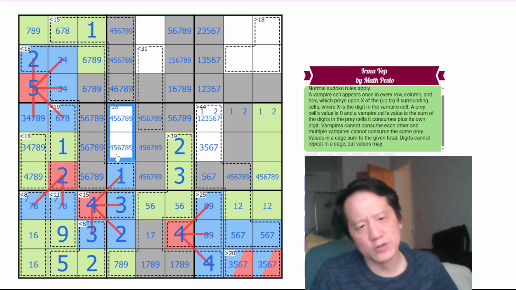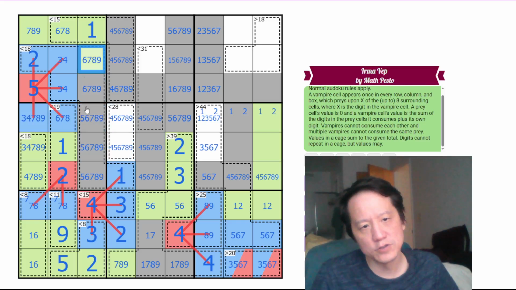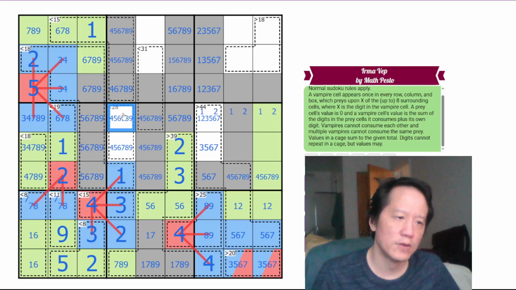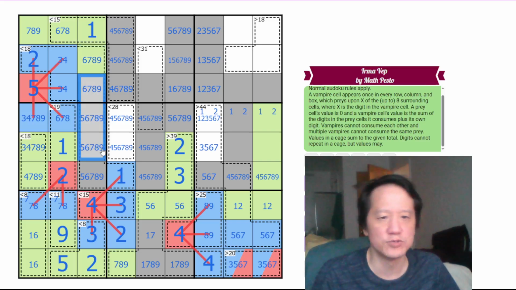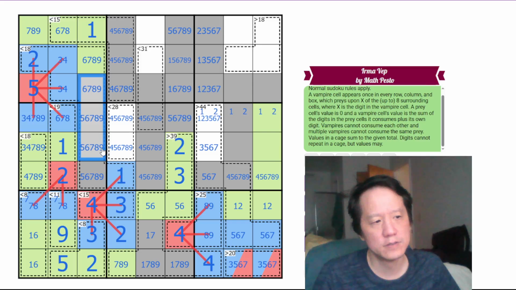One thing is, okay, this must take... So this is 35 here. This vampire takes 35 minus 17 value at least, which is 18. Therefore, the value of these two must be 4 and 5. Right?